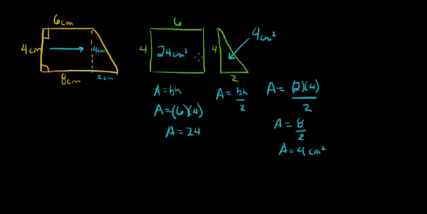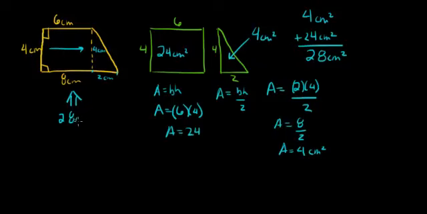So then we need to add these together because these were combined figures for the polygon. So we then have 4 centimeters squared plus the 24 centimeters squared gives us a total of 28 centimeters squared for our polygon. So this total polygon here is 28 centimeters squared.